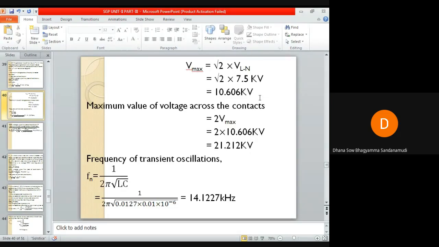Okay, so you know the voltage that appears across the circuit breaker contacts as soon as the arc is extinguished is nothing but the restriking voltage. So the maximum value of voltage across the contacts is nothing but 2Vmax. The maximum value of restriking voltage is the maximum value of voltage across the contacts of the circuit breaker.